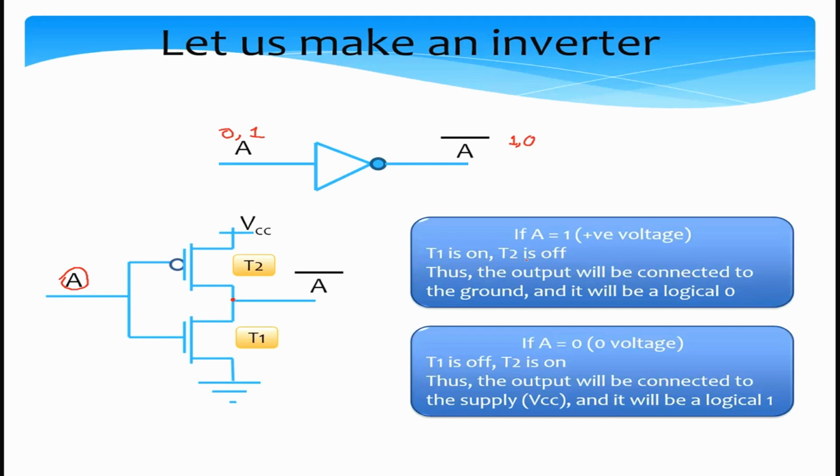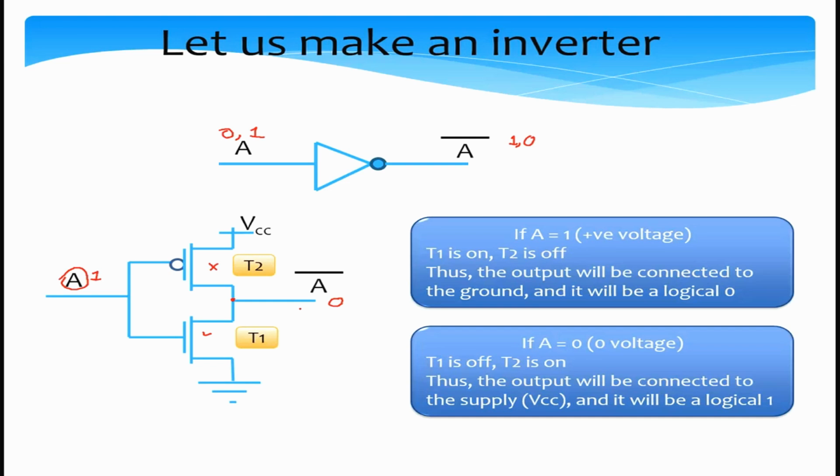Let's first see, if A is equal to 1, a positive voltage, what happens? In this case, T1 will conduct and T2 will not conduct. So effectively, this terminal will get connected to ground. If the value here is 1, the value here, since it's connected to ground, will become 0. So it effectively works as an inverter.